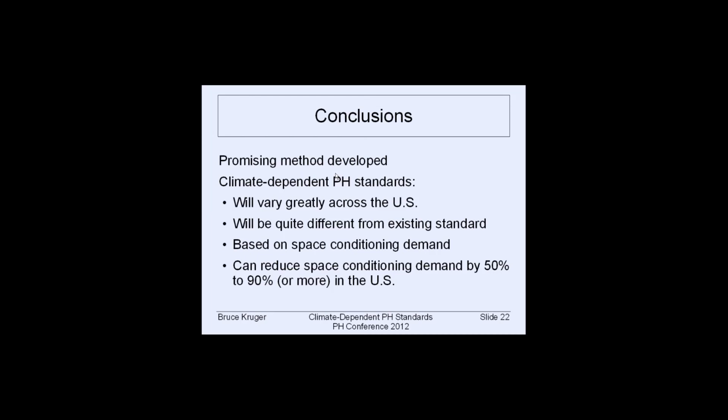Clearly, they will vary greatly across the United States, and they're going to be quite different from the existing standard. As I've explained, I think they should be based on the space conditioning demand, the sum of the two, heating and cooling. And as I was just saying, I think they can lead to pretty dramatic reductions in space conditioning demand.